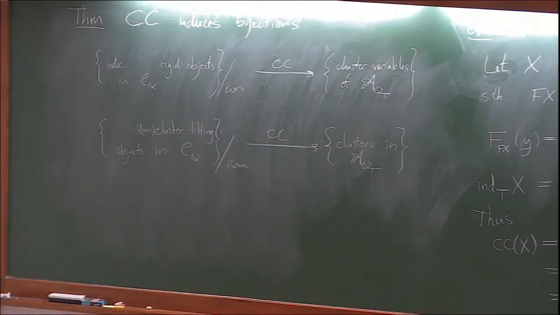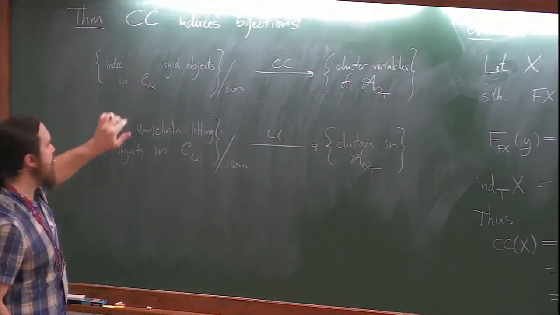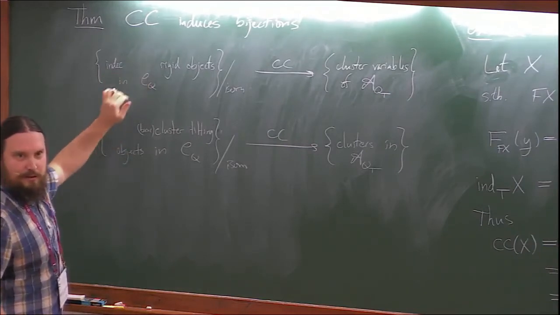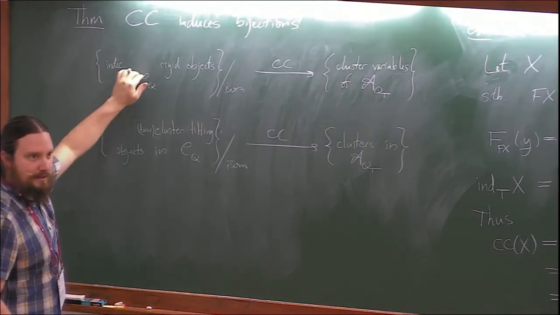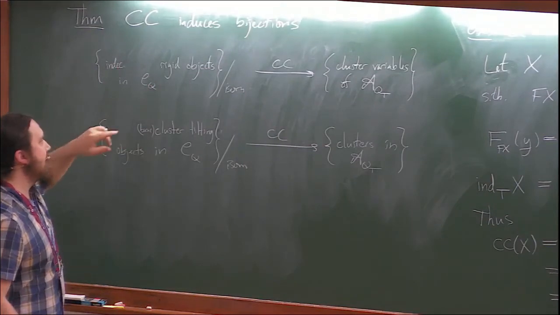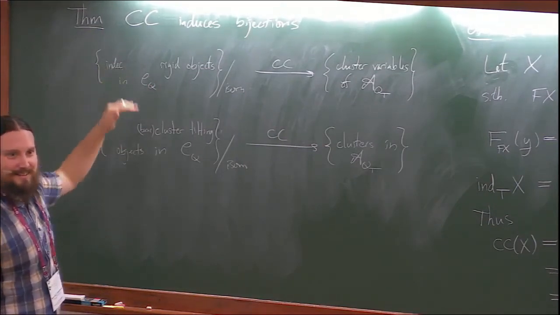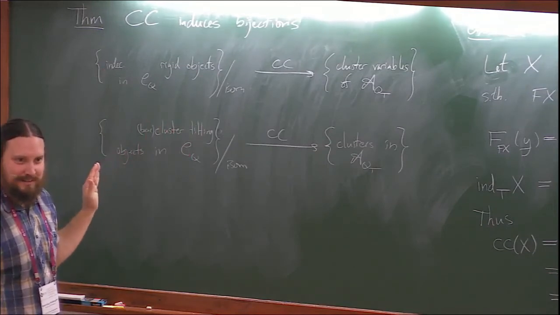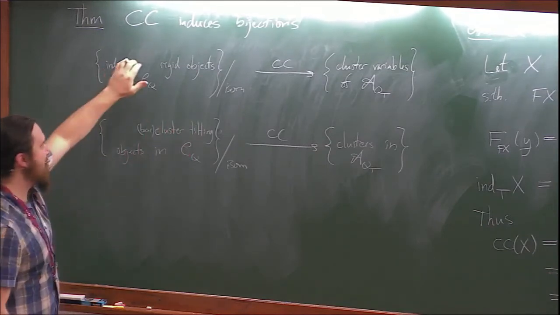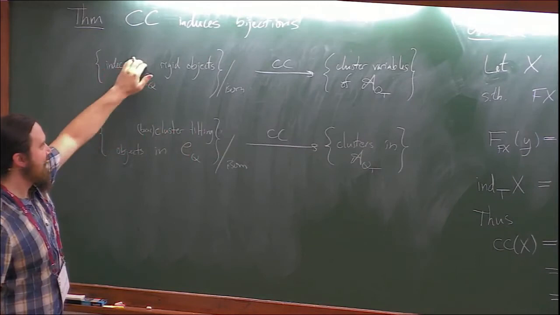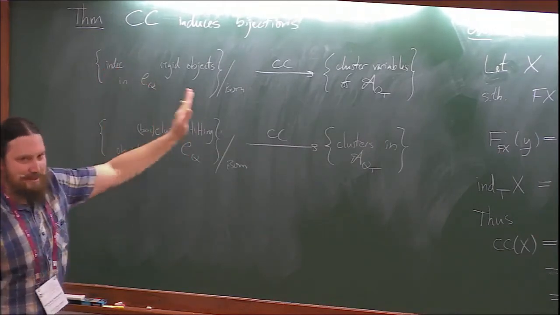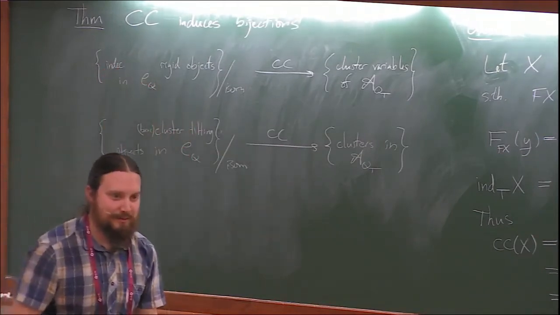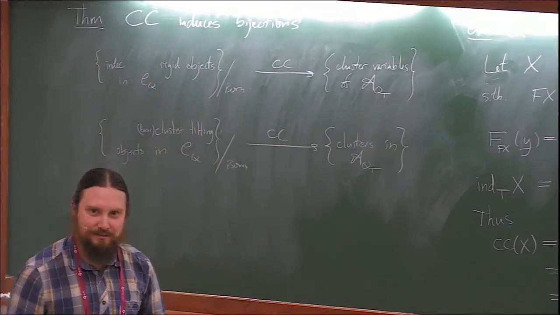Now I've left a blank here, which I will fill up in a few minutes. Strictly speaking, in this setting, what is written on the board is correct. But I would like to add words here so that this statement remains true in generalized cluster categories.